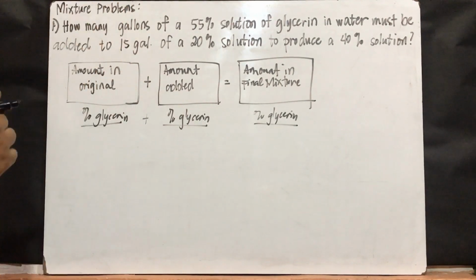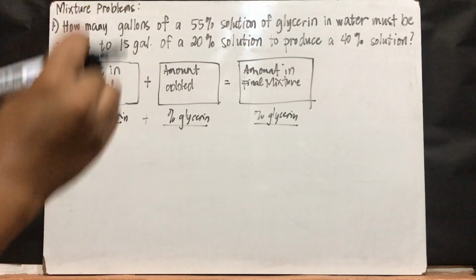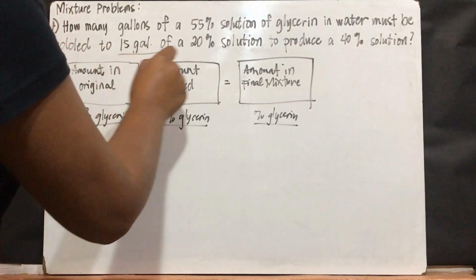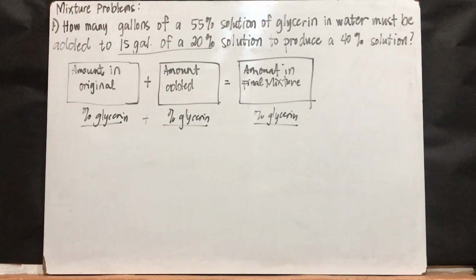So, how many gallons of a 55% solution of glycerin in water must be added to 15 gallons of a 20% solution to produce a 40% solution? So, ibig sabihin, yung original amount natin is 15 gallons of 20% solution.